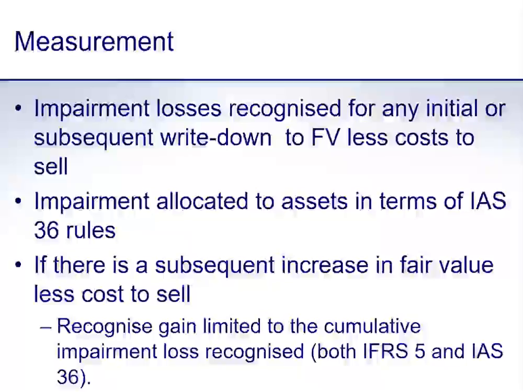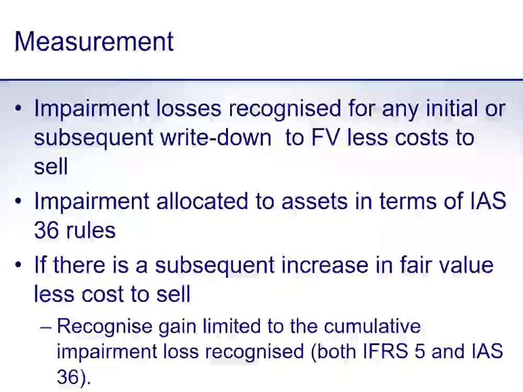If there is a subsequent increase in the fair value less cost to sell of the assets that we're dealing with, then the standard allows us to go back and reverse any impairment losses that we may have recognized to that point.